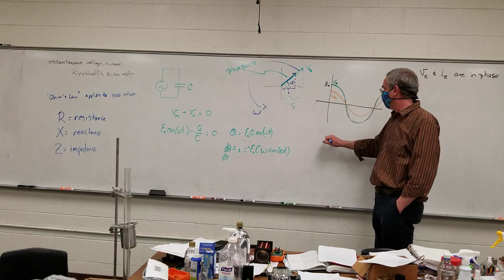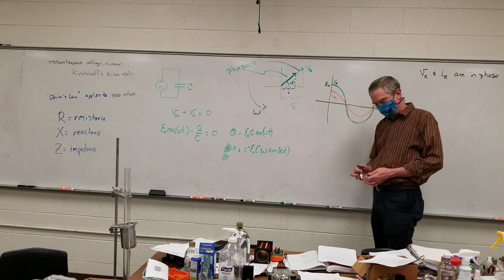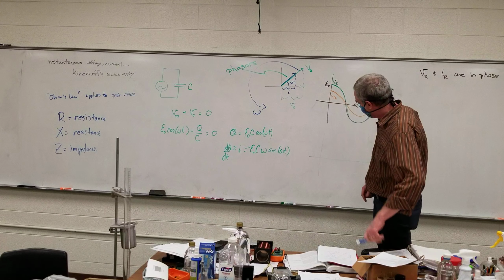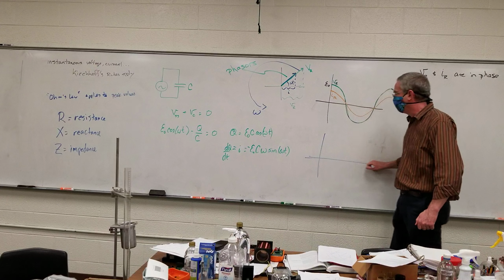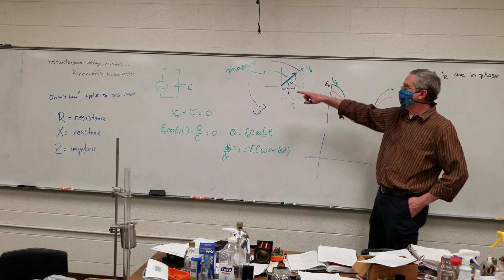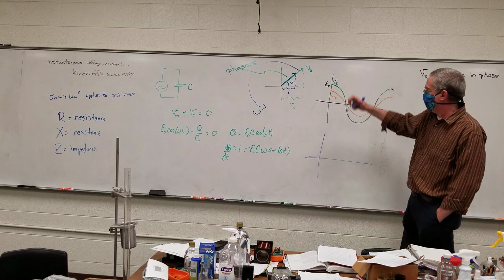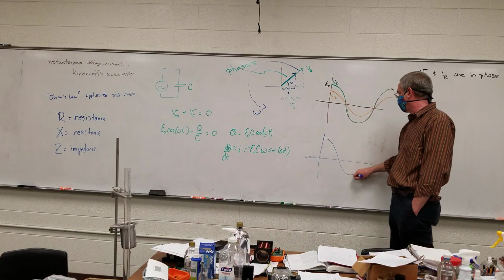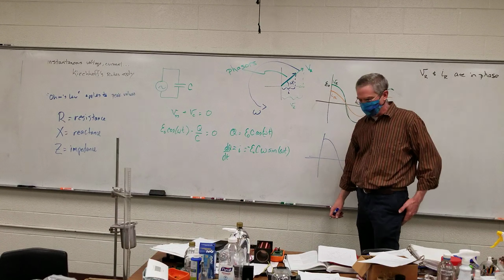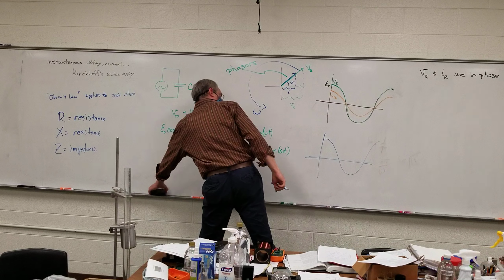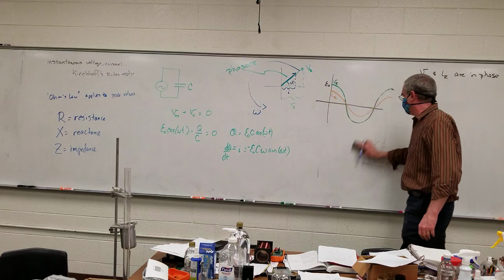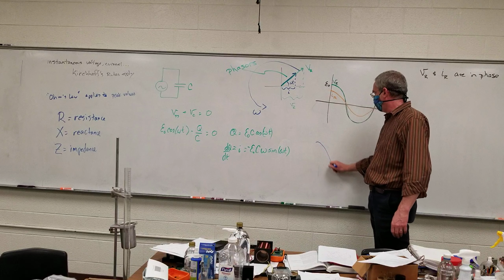So now if I plotted it with a marker that made marks, well, I know that the voltage across the capacitor is the same as the voltage across the AC power supply, so that basically is going to look the same. I always draw it badly. Here's what I need to do.